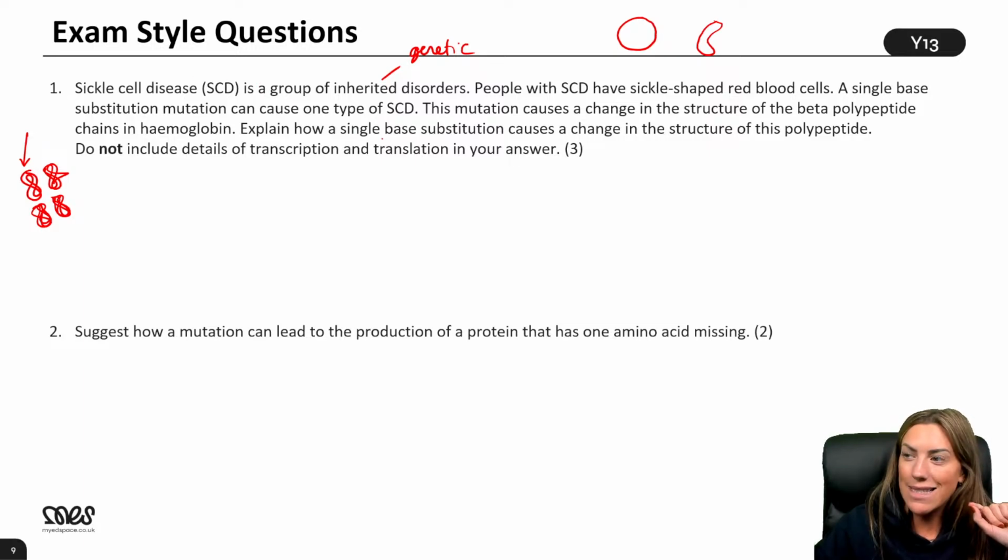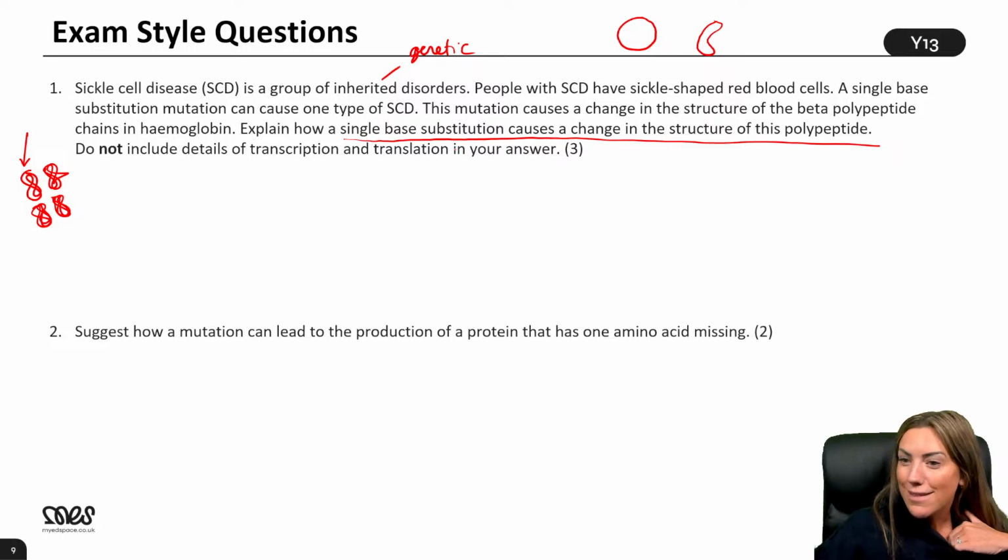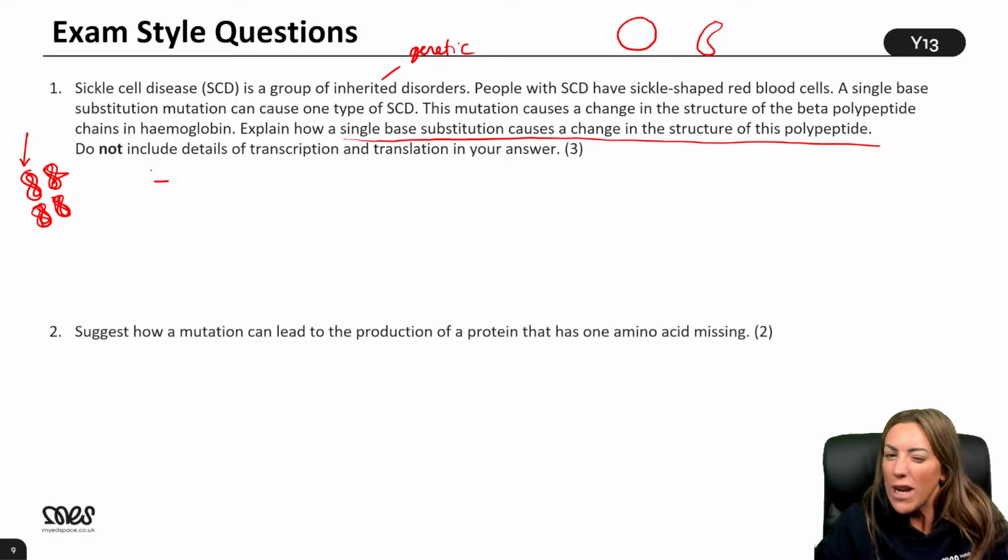Explain how a single base substitution can cause a change in the structure of a polypeptide. Okay. So this is what we need to do. We don't need to overthink it. Doesn't even really matter what the example is.